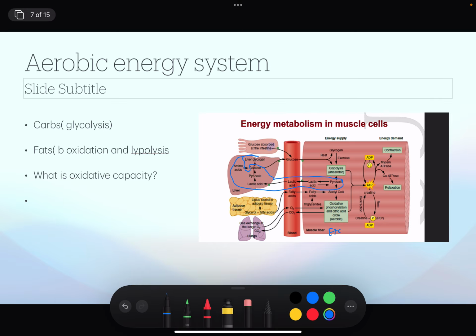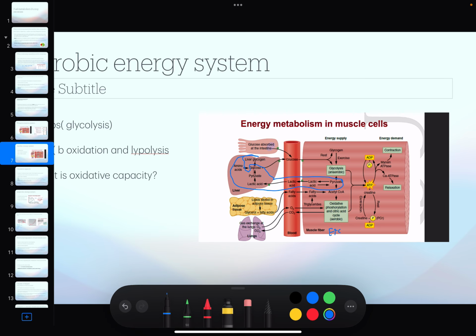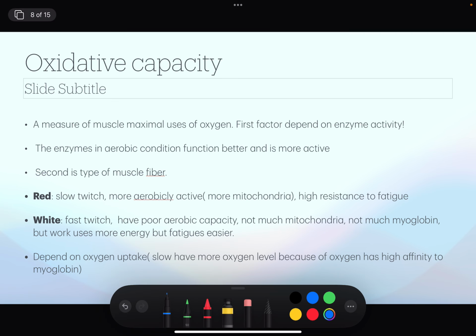And what is oxidative capacity? The oxidative capacity is the ability to gain ATP through aerobic metabolism. So what do I mean by this? I will be explaining this right now. It's a measure of the muscle's maximal use of oxygen. The first factor that it depends on is enzyme activity.